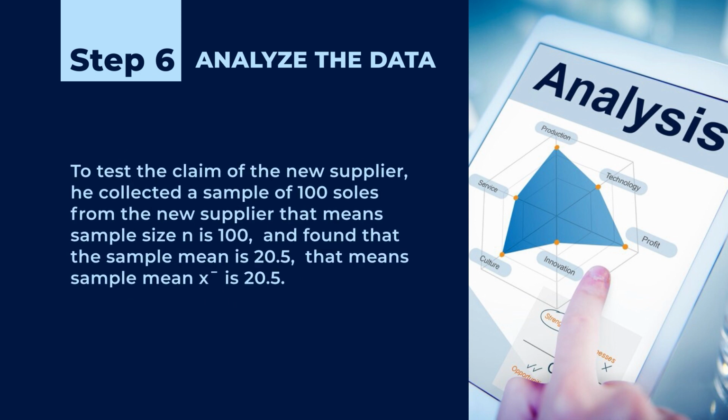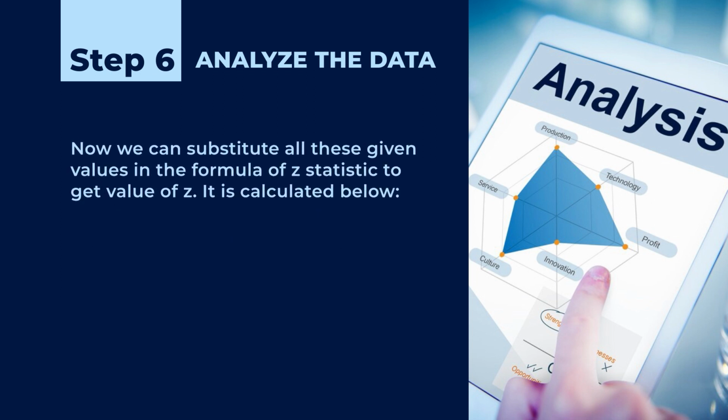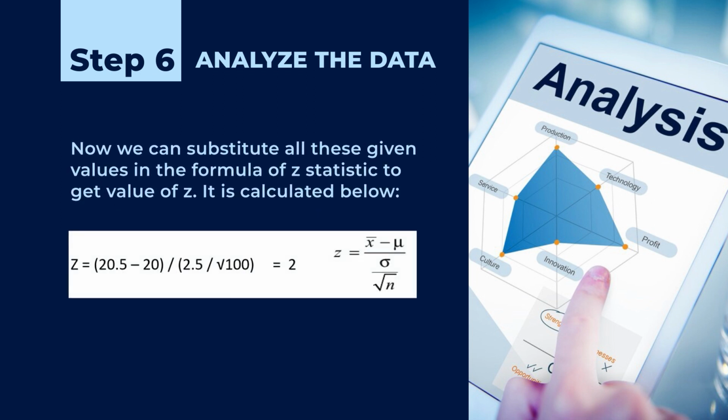To test the claim of the new supplier, he collected a sample of 100 soles from the new supplier, that means sample size n is 100, and he found that the sample mean is 20.5, that means sample mean x bar is 20.5. Now we can substitute all these given values in the formula of Z statistic to get the value of Z. So Z equals 20.5 minus 20 divided by 2.5 divided by root 100, and when we calculate, we get Z equals 2.